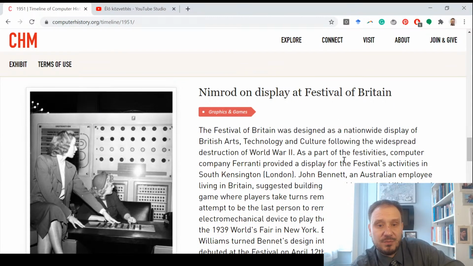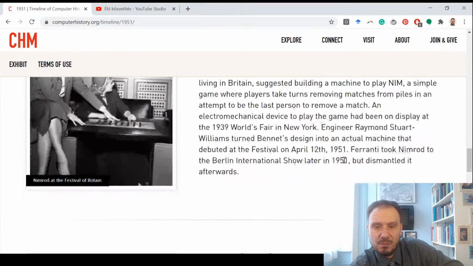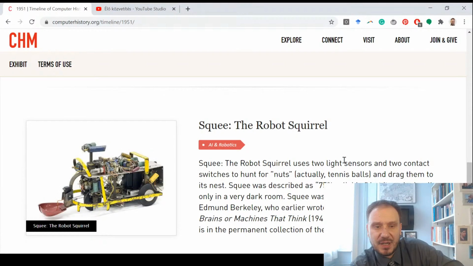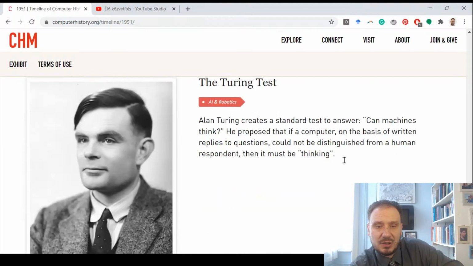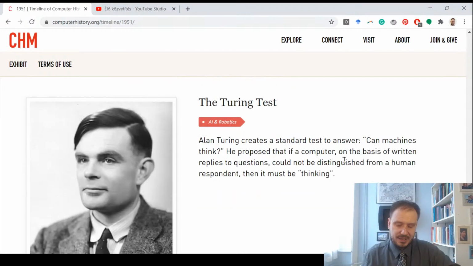Also, a computer called Nimrod was displayed at the Festival of Britain. This computer was able to play games. We can see a funny robot here, a robot squirrel, and our last entry for today is the Turing test.